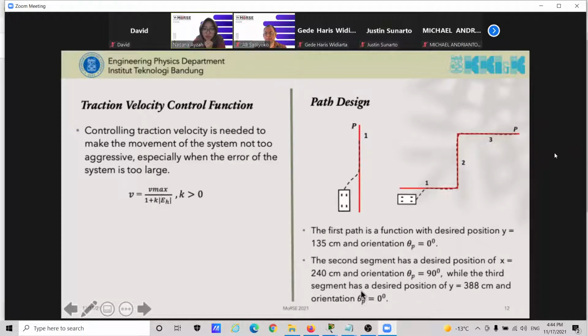The position and orientation of the second path you can see here: the first segment has x of 240 centimeters with an orientation of 90 degrees, while the third segment has a desired y of 380 centimeters and an orientation theta of 0 degrees.